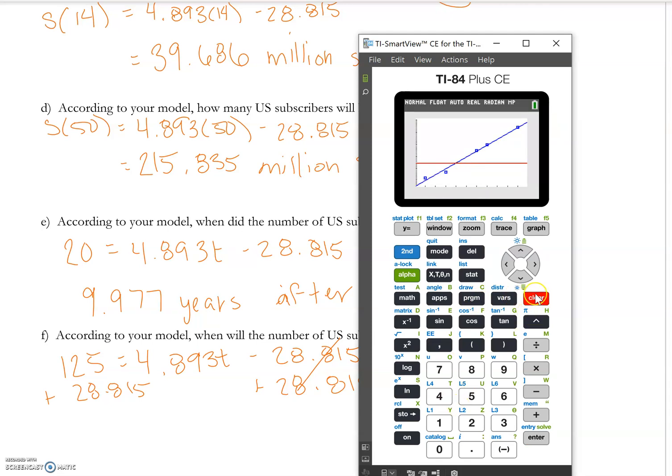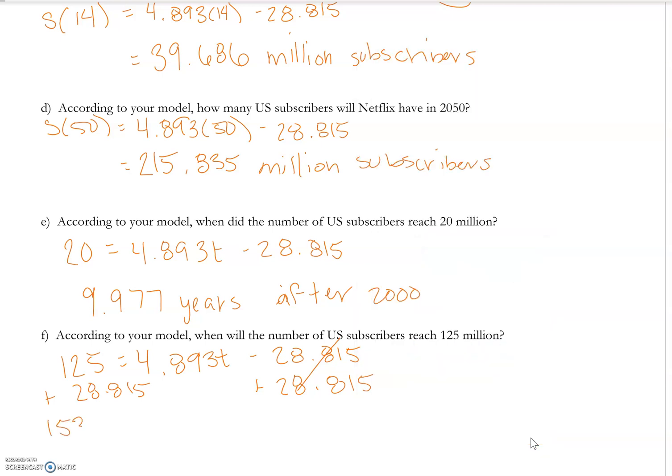So I'll type in 125 plus 28.815, and I get 153.815 equals 4.893t. Again, we're still trying to just get the t by itself.